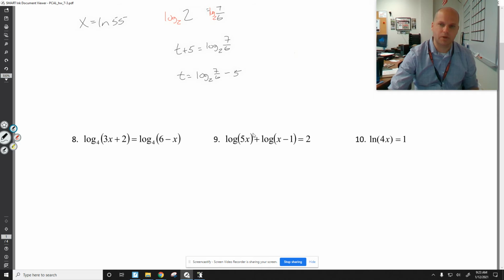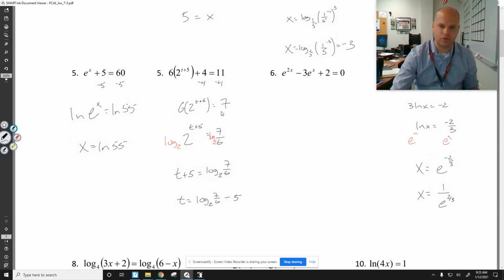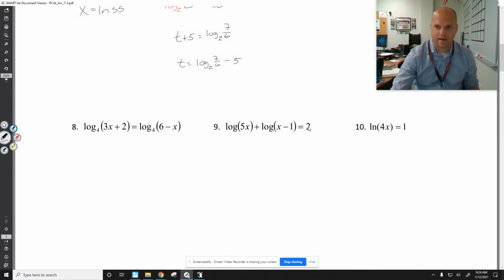Let's look at number 9. Number 9 is very similar to the way I did number 2, which is, since they have a 2 here, I can't subtract the log. If I subtract the log, any of the logs, it doesn't matter, you'd have 2 minus log of x minus 1. And then if you think, oh, okay, I'm ready to get rid of the logs, you can't do it because of this 2.